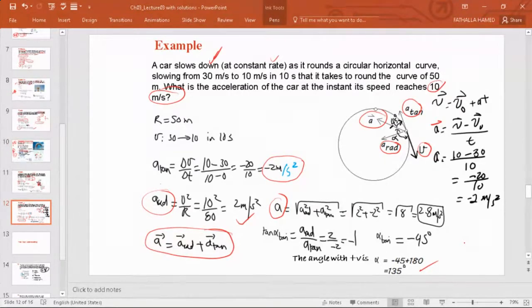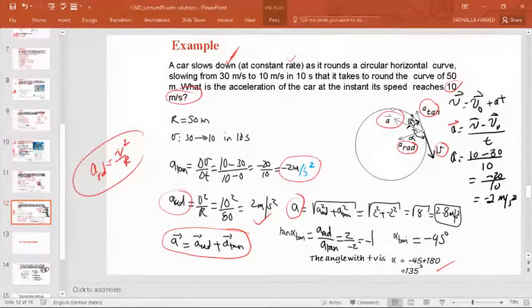That will be your radial acceleration. And when you go around a circle non-uniformly, that means varying speeds, right away you know that your A rad, which is equal to V squared over R, is going to change, because V is not the same, it's changing.